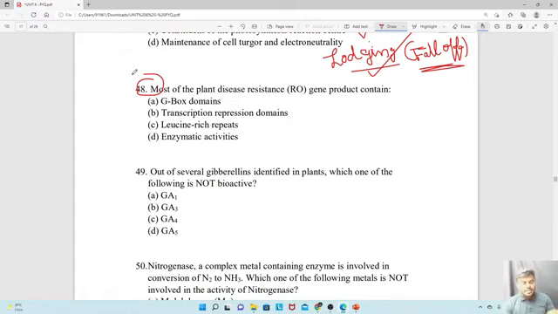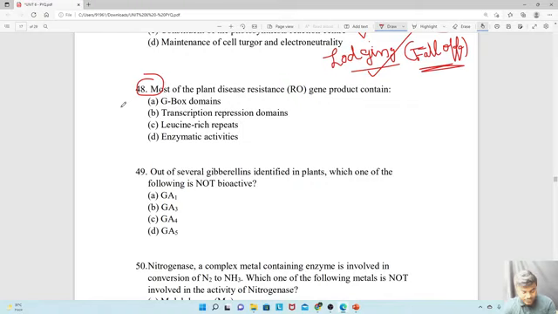Think and answer. Think. Friends, even though you don't know this question, try it please.